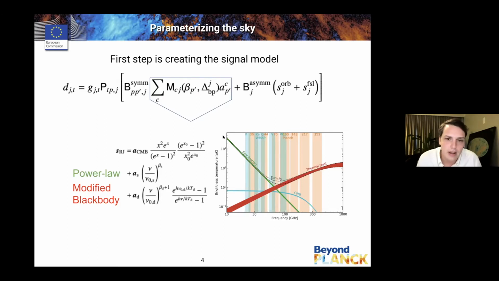It's the synchrotron, where we model it using a power law without the curvature term this time, and a modified blackbody, where we have a free parameter beta for the tail of the distribution, and also a temperature, which we fix because of the lack of any very high frequency observations in polarization.